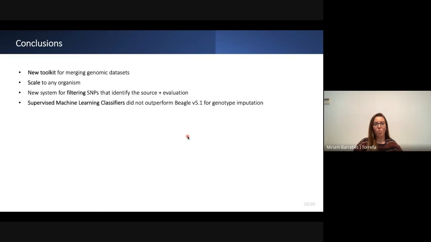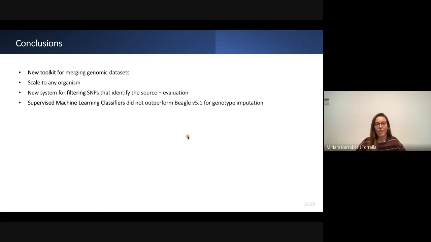So in conclusion, we designed a new toolkit for merging genomic datasets that also targets data quality and has the advantage of scaling to any organism. So it doesn't work only with dog DNA sequences, but it can also work with human data.